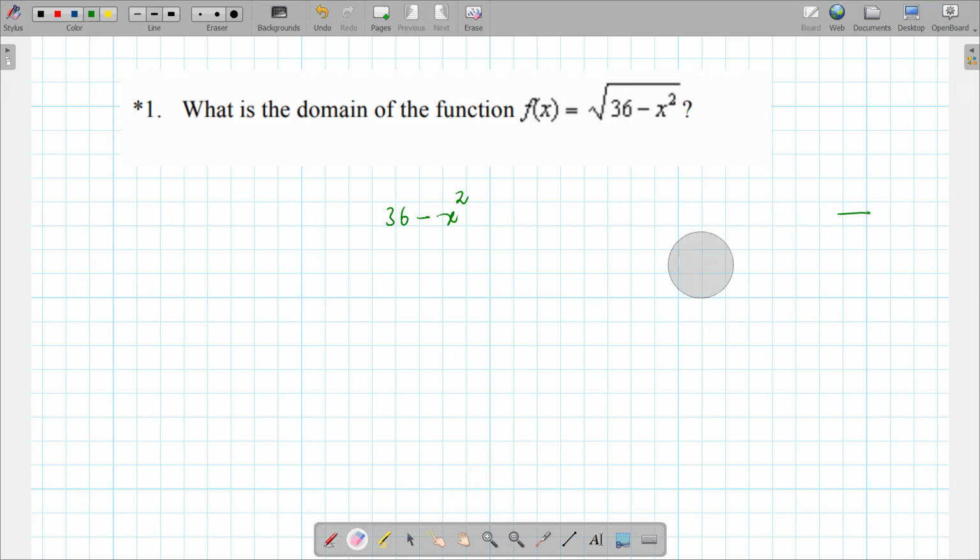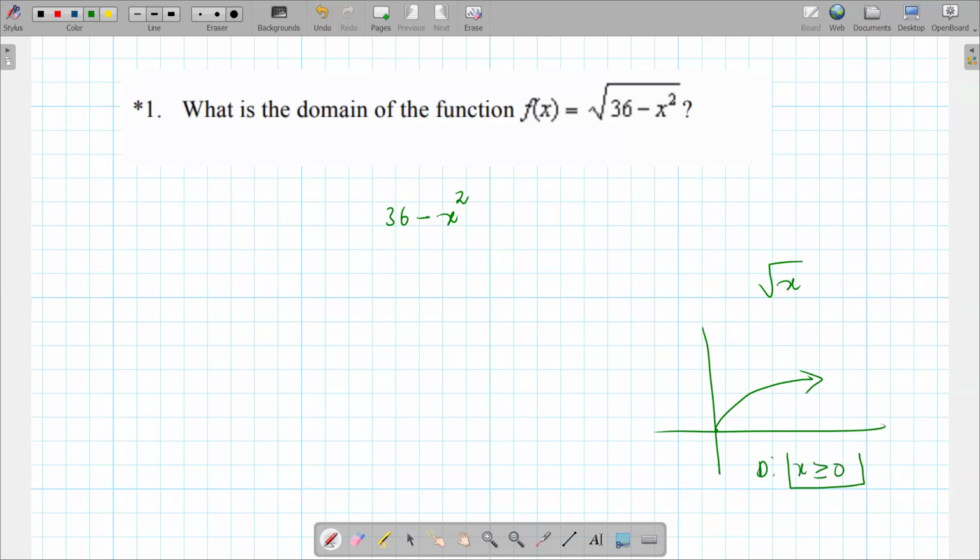So in a square root function, I'm talking about root x, you can also see from the plot of root x that the domain is x has to be greater than or equal to zero. Do you agree with this? Now, that same principle is going to apply to this question. Inside of the square root, right now we have this bit, but that bit cannot be negative.